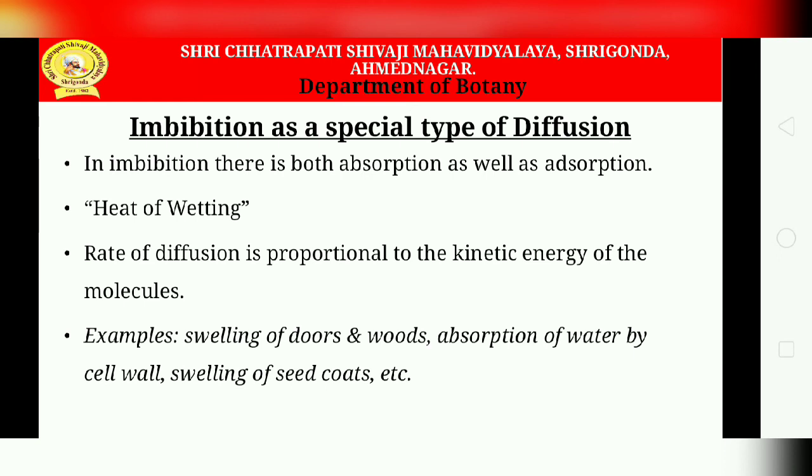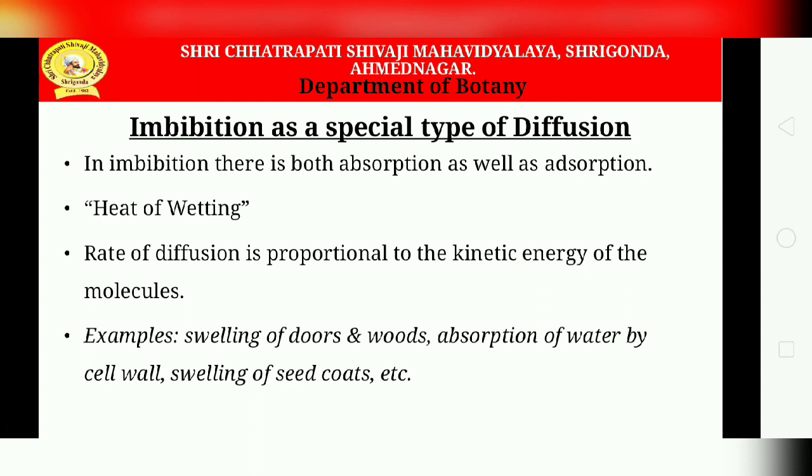As I have already mentioned, the absorption of water by hydrophilic colloids is called imbibition. The movement of water is along the diffusion gradient. Imbibition is the capacity of a gel or colloidal material to take up relatively large quantities of water and swell.